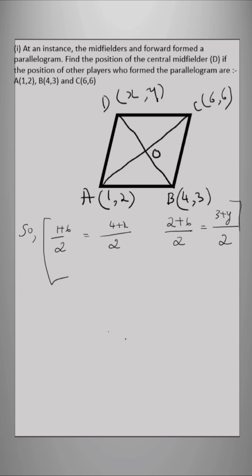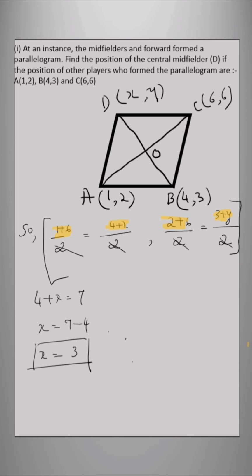This is how we can find x and y. Here 2 and 2 get cancelled. Here also 2 and 2 get cancelled. Here we can say that 1 plus 6 is equal to 4 plus x. 2 plus 6 is equal to 3 plus y. So now let us write 4 plus x is equal to 7. x is equal to 7 minus 4. So x is equal to 3.